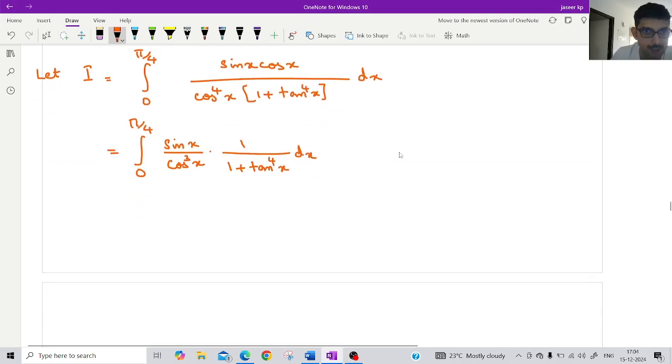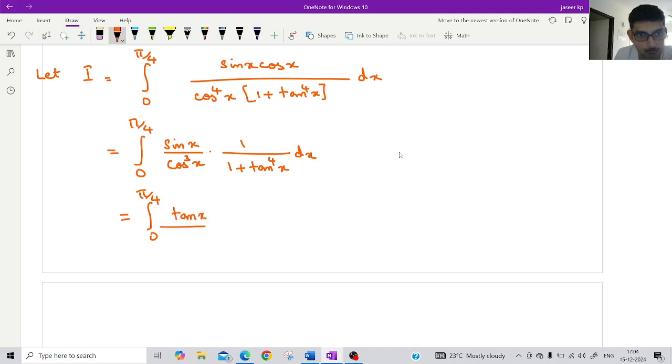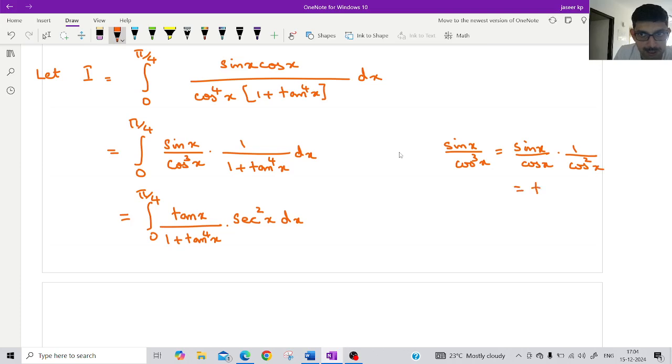So sin x by cos cube x, with limit 0 to pi by 4, it can be written as sin x by cos x, that is tan x, and 1 plus tan power 4x, and there is 1 by cos square x left, that is written as secant square x dx. So what is done is sin x by cos cube x is sin x by cos x into 1 by cos square x. So that can be written as tan x into secant square x.